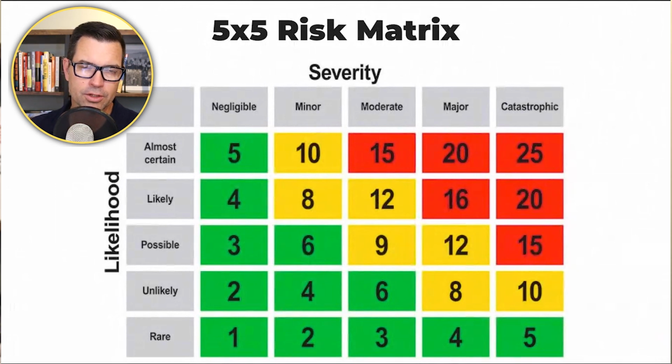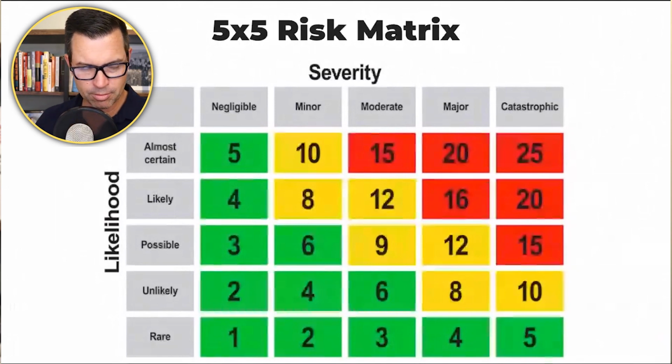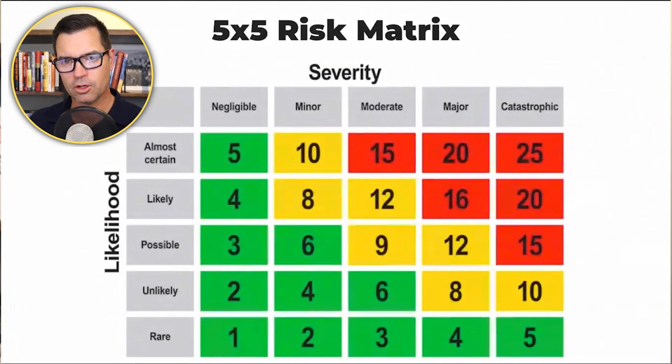From the left side, negligible, minor, up to catastrophic. So 1, 2, 3, 4, 5: 1 would be negligible, 2 minor, 3 moderate, 4 major, 5 catastrophic on the horizontal axis. The vertical axis, or y-axis, is the likelihood. How likely is this to happen? From the bottom, working your way up, 1 in likelihood is rare, 2 is unlikely, 3 is possible, 4 is likely, 5 is almost certain.